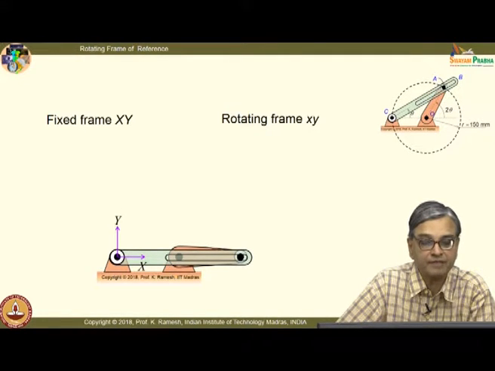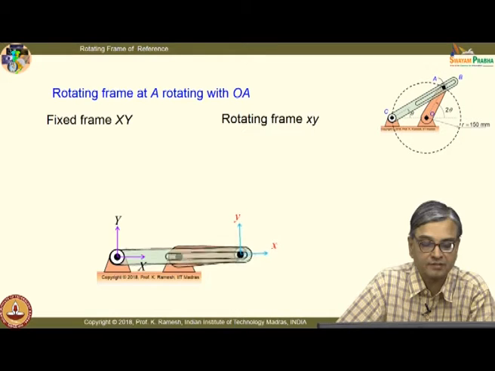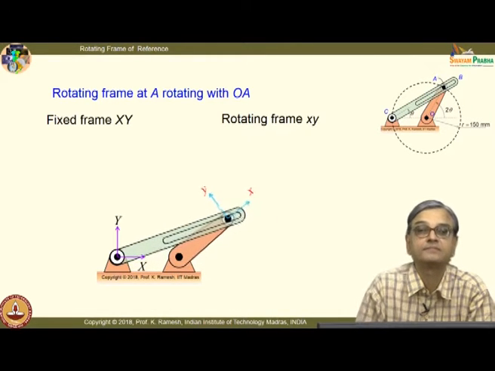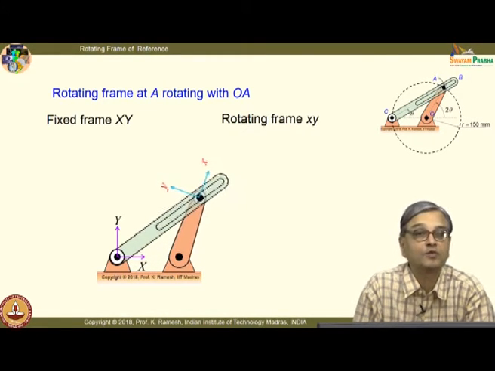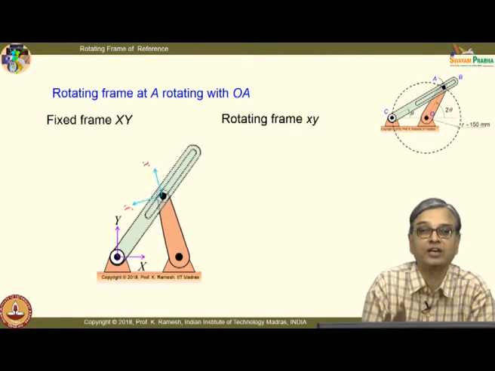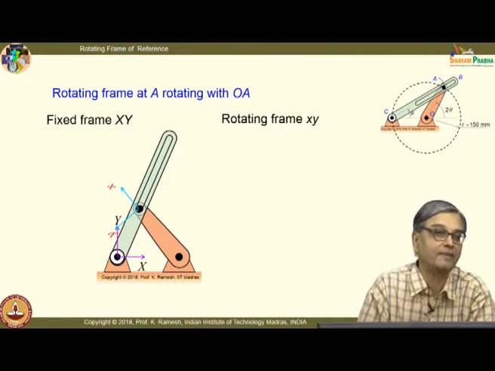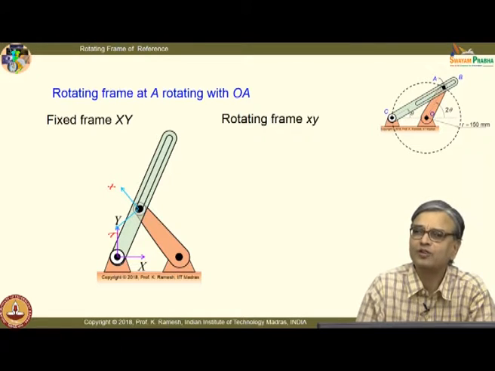Can we have a rotating frame of reference attached to crank OA and then solve the problem? Because crank OA is rotating, why not sit at crank OA and see what is happening? I do not get any benefit out of this.